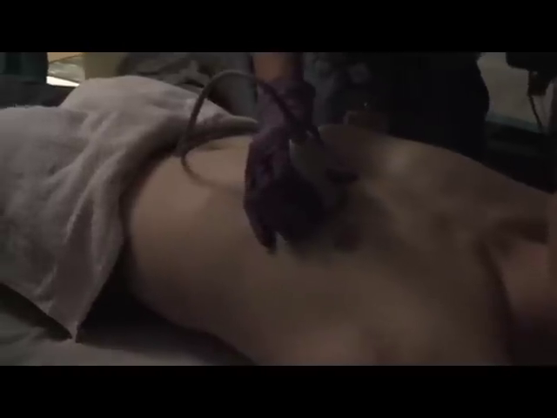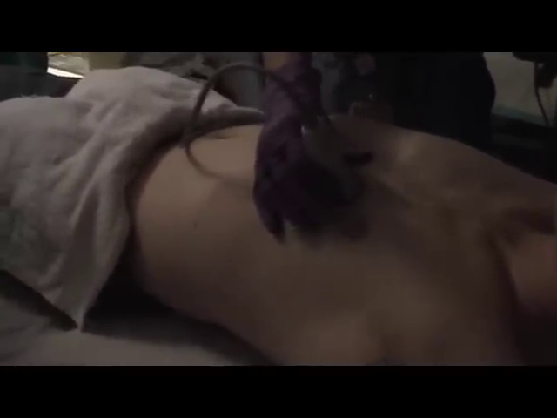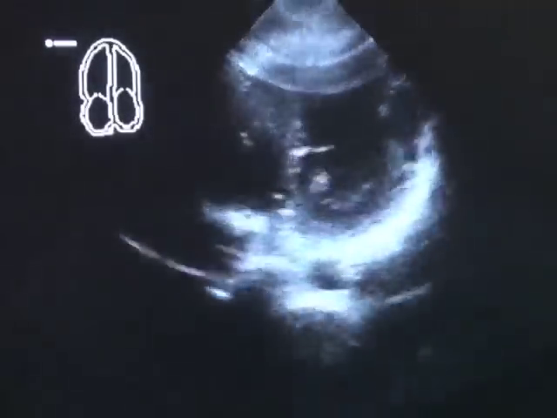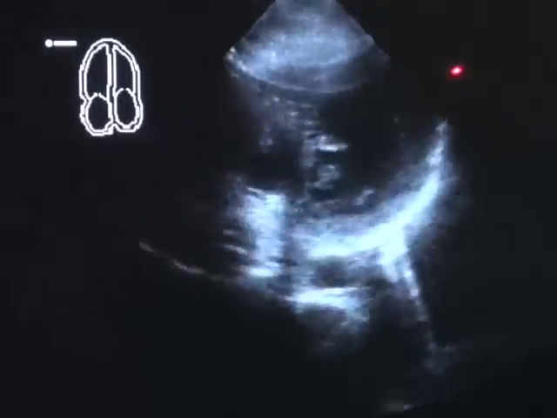A lot of times this is an oblique cut through the cardiac structures. In the way that the image will be displayed, we will have the left ventricle on the receding edge and the right ventricle will be on the leading edge.